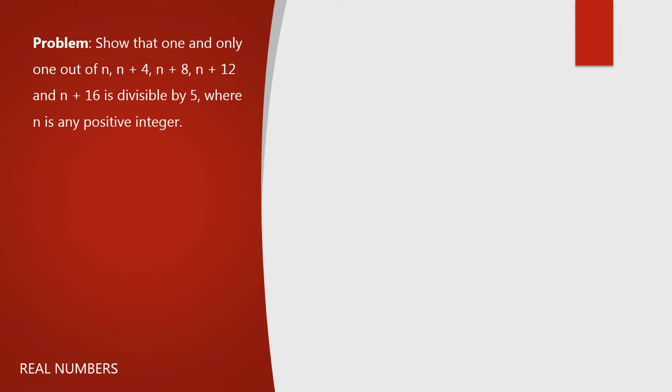Let us check with some examples. Suppose I take n is equal to 3. Now I will find all the 5 values. The first value is n only, 3. The second value, n plus 4, is 3 plus 4, that is 7.